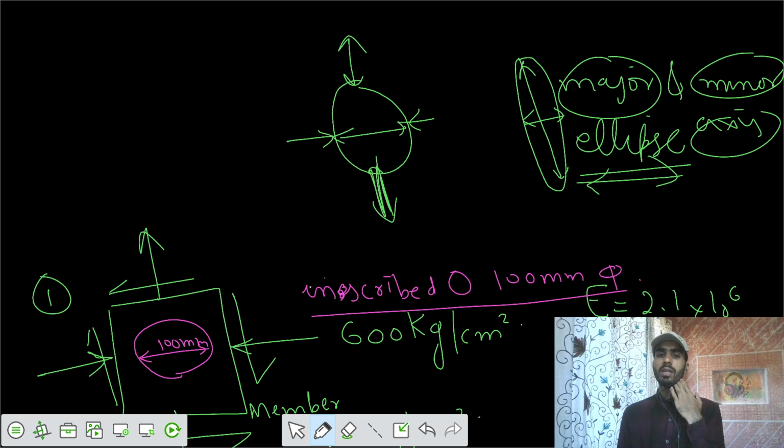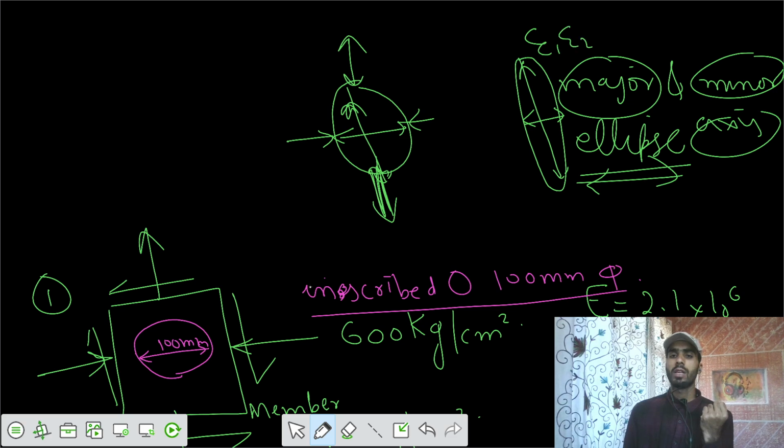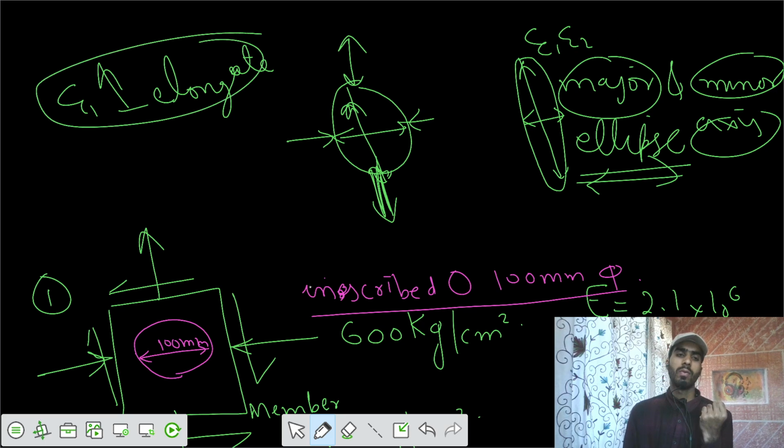Initially it was 100 from both sides. But if you know the direction, the location of principal strain 1 and principal strain 2, because principal strain 1 would be maximum, that would try to elongate it more, so it would be E1, and because of E2 it would get some compression, so it would get compressed by some amount.